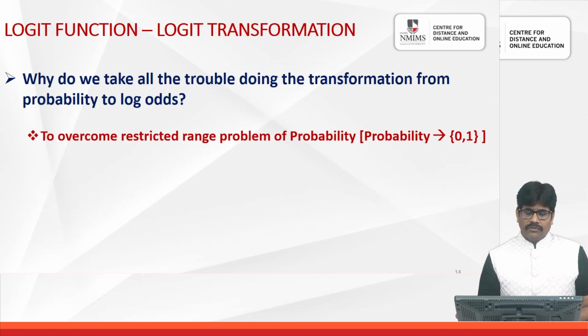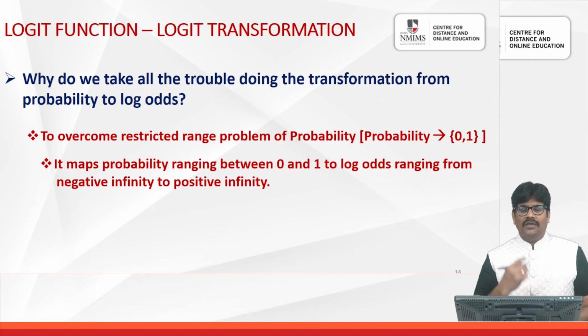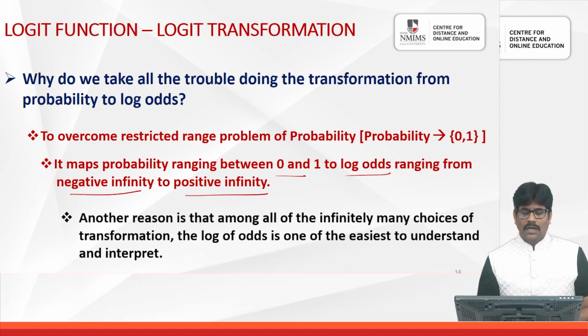Now, this is what we have seen, and some other things are related with it. It maps the probability ranging between 0 to 1 to log of odds ranging from negative infinity to positive infinity. That is what we discussed now. And also another reason is that among all the infinitely many choices of transformation, you might ask a question, why only logit transformation, right? Why ln of odds, the natural logarithm of odds? Any other transformation we can also use, right?